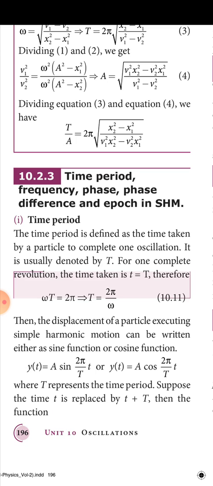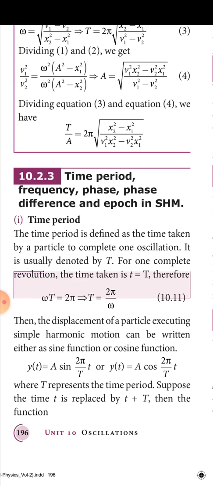In this lesson of oscillation, last class we had discussed the topic of simple harmonic motion, SHM. In simple harmonic motion, we derived the equation of force constant. A force constant is nothing but force per unit length.